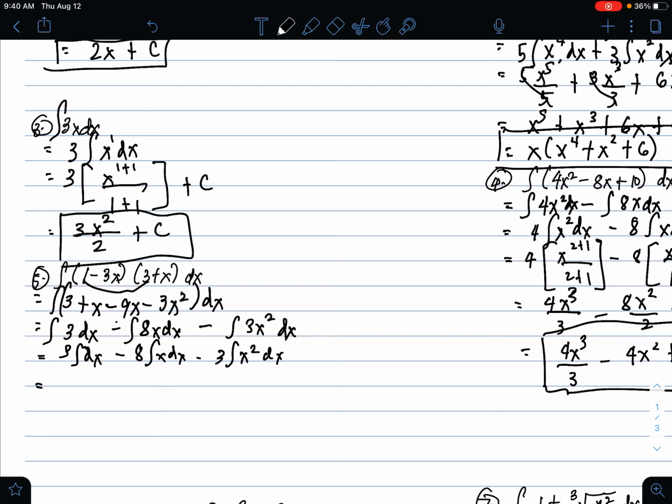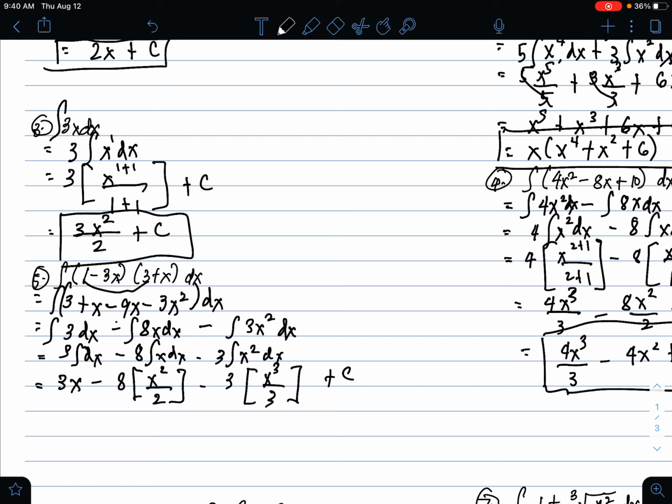What's next? So, this is 3x minus 8 times x. 1 plus 1 is 2. 1 plus 1 is 2. Minus 3 times x, 2 plus 1 is 3, over 2 plus 1, which is 3, plus c.